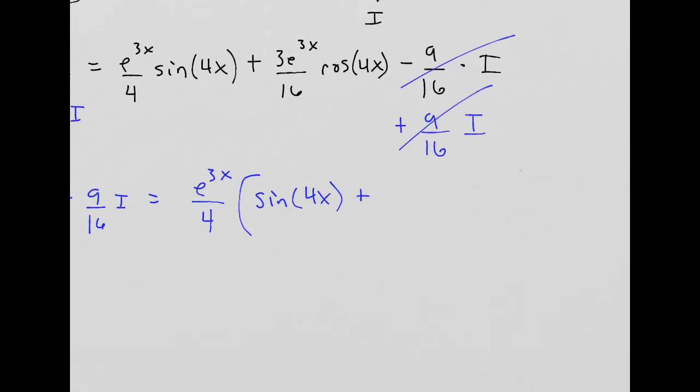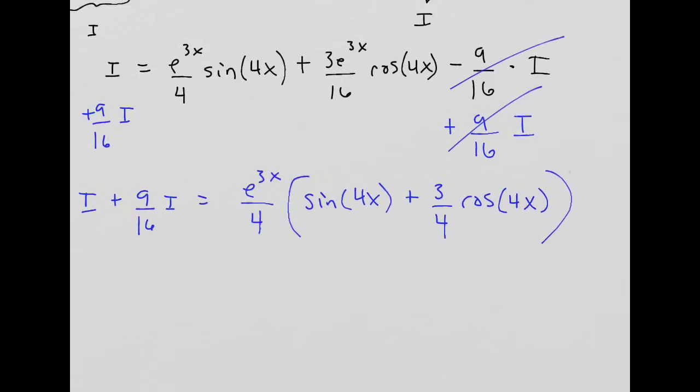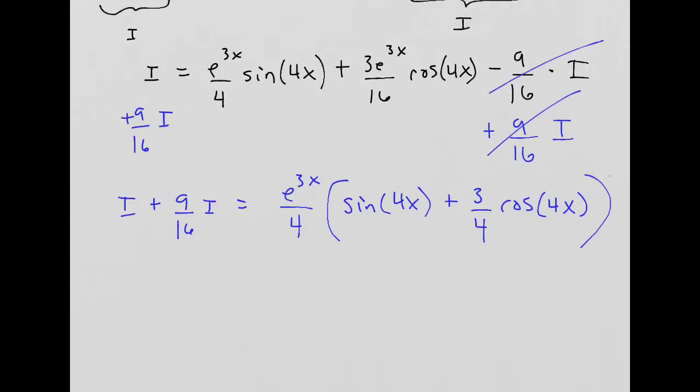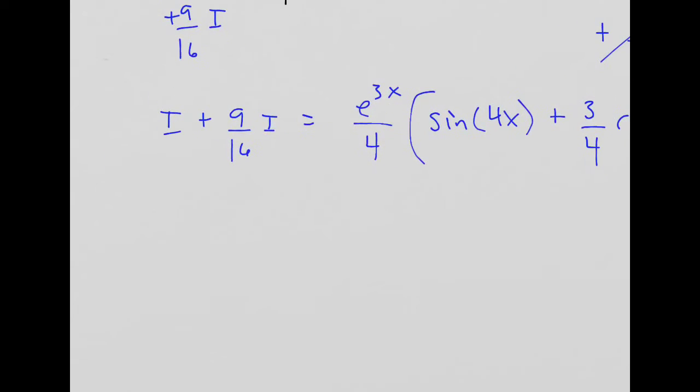That leaves me with sine of 4x plus 3/4 cosine of 4x. And I would have a, well, I guess I could factor out an I as well, so I'll do that.